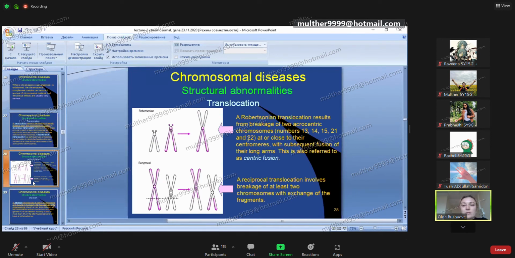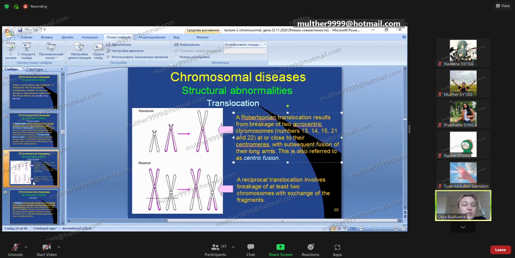When they lose their short arms and combine at the centromere, it will be Robertsonian translocation.